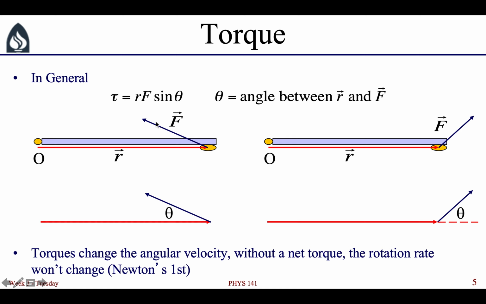So if you were to push in this direction on the doorknob, the force vector and the moment arm have an angle of theta between them. And if you push outward like this on the doorknob, then here would be the angle theta, where theta is the angle between the direction of the force vector and the direction of the moment arm vector.